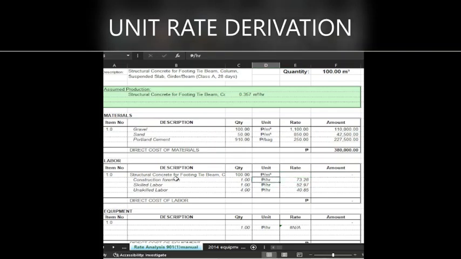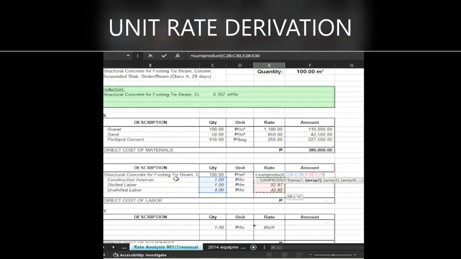We'll just multiply the quantity by the rate of each of the labor and add the total. So we will use the SUMPRODUCT formula of this array and the other one. Then we will divide it by the production so that we can get the labor per cubic meter.